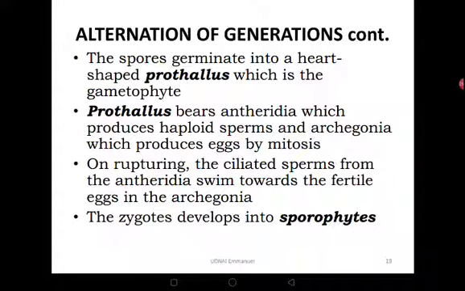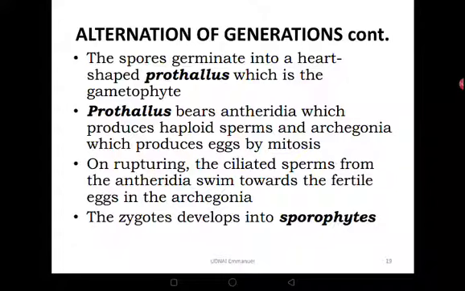So after the spores have been dispersed, they will land on the surface, and when the conditions are favorable, they will germinate into a prothallus. Now this prothallus bears the male and the female. Remember, it is now the gametophyte, and we say gametophyte produces gametes.